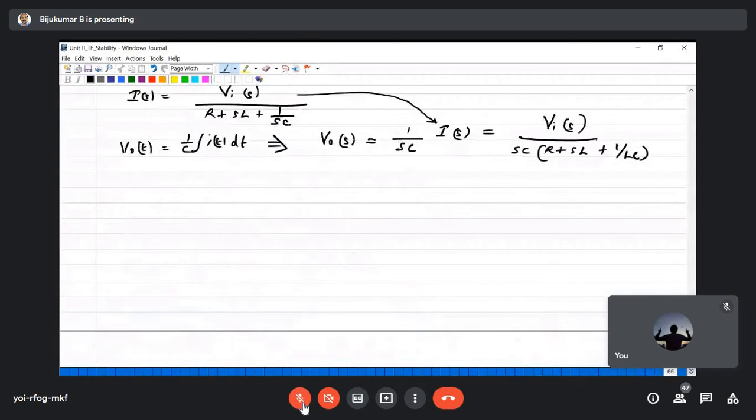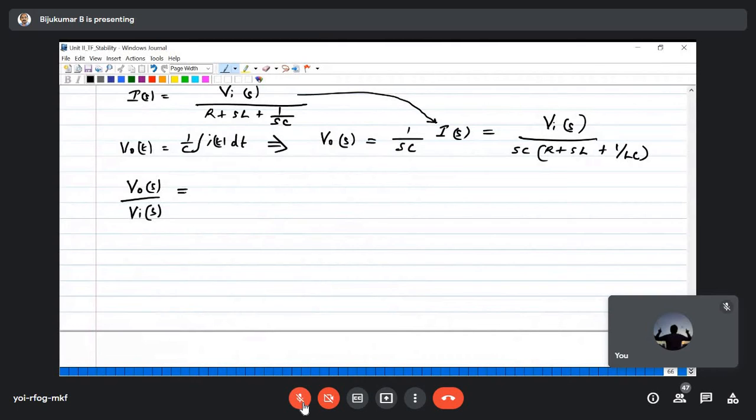So the transfer function is nothing but V out of S divided by Vi of S. If you move to this side, what will happen? How can we write this equation?